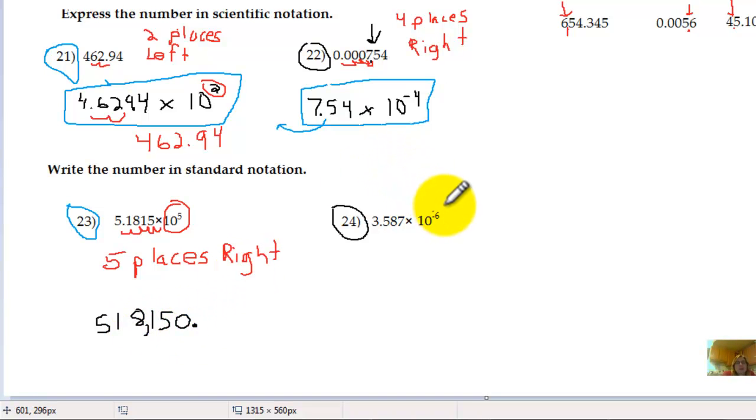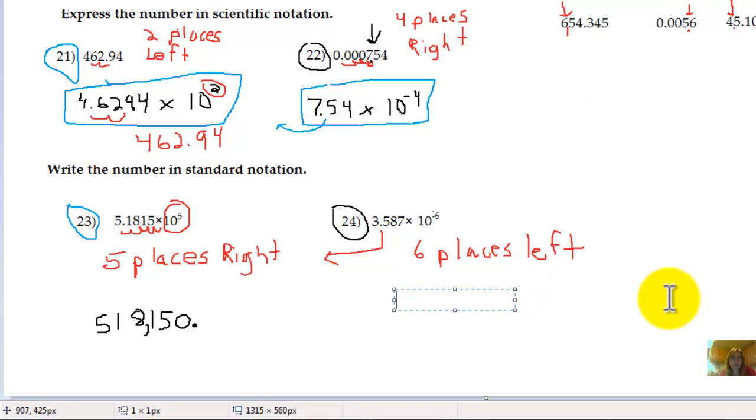Alright, in this situation we have a negative 6, so we do the opposite of what we did up here, which is we're going to move this decimal now 6 places to the left. Whenever you have a negative 6, you know you're going to have lots of zeros in front of your number. So in order to move 6 places left, let's retype the number so we can do that a little easier.